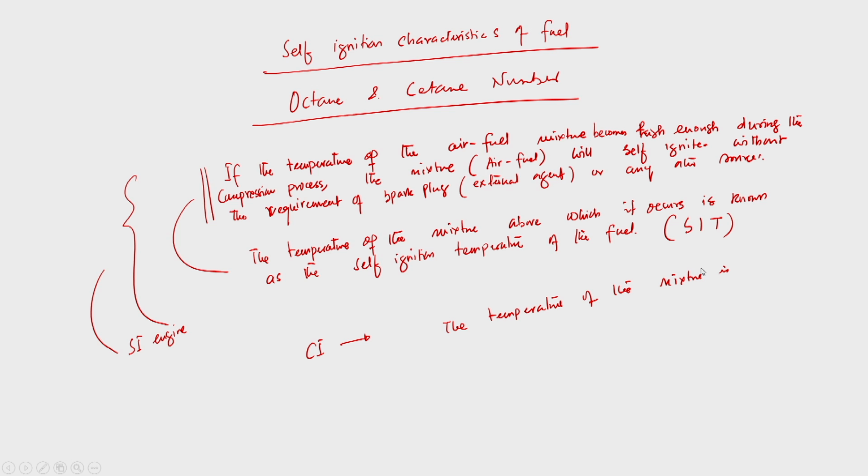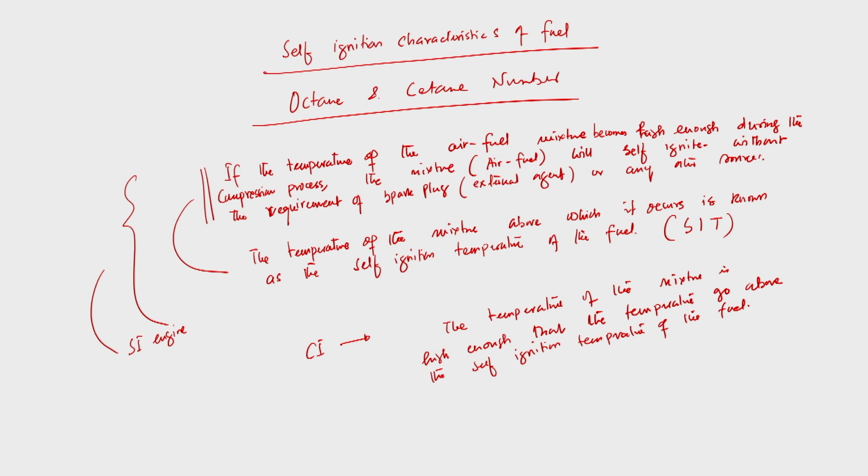is high enough, high enough that the temperature goes above the self ignition temperature of the fuel, and then ignition occurs when fuel is injected, when fuel is sprayed through the nozzle.